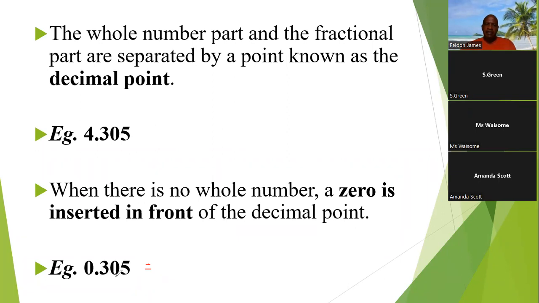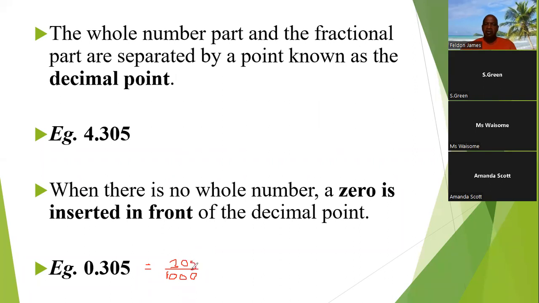If you have 3 digits after the point, it means that in your denominator you're going to have 1 with 3 zeros. That means you are over 1,000. So now you put all of those digits, which is 305, over 1,000.